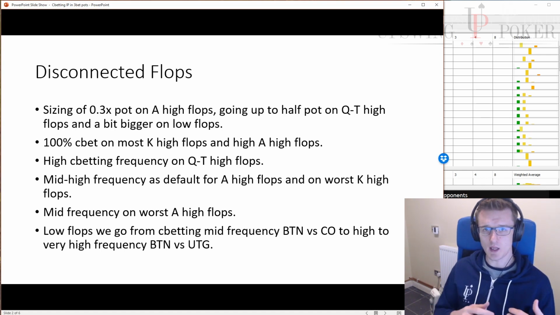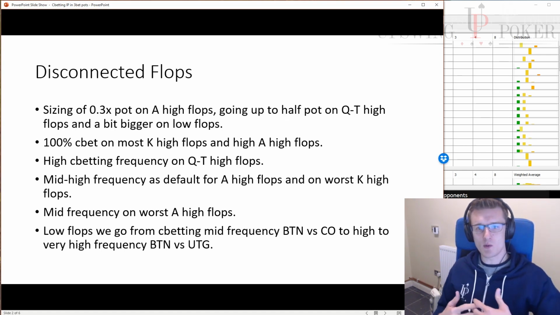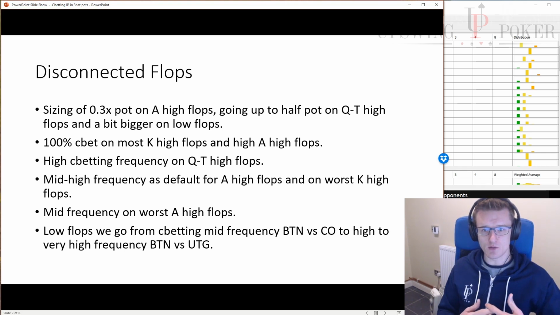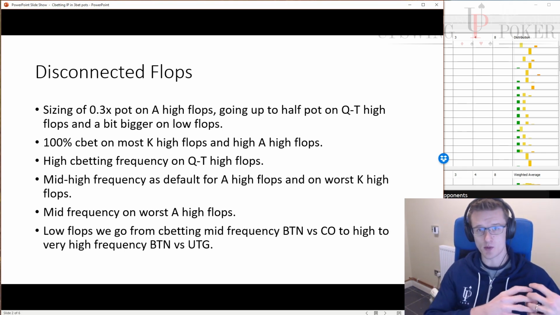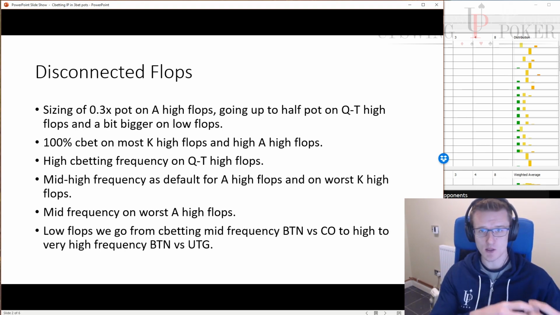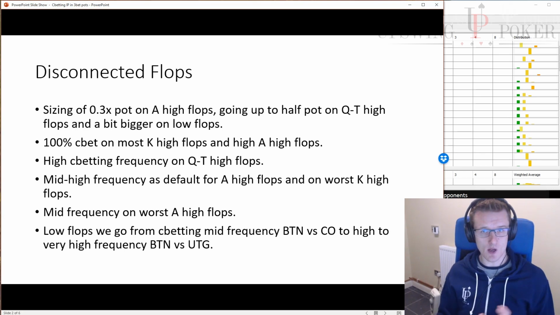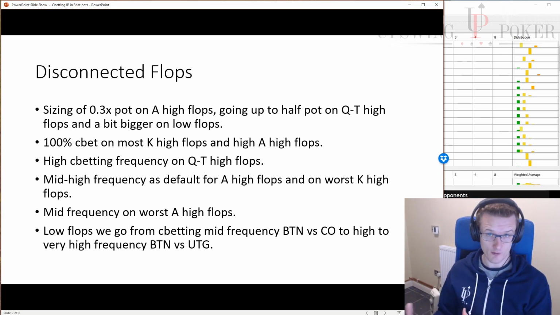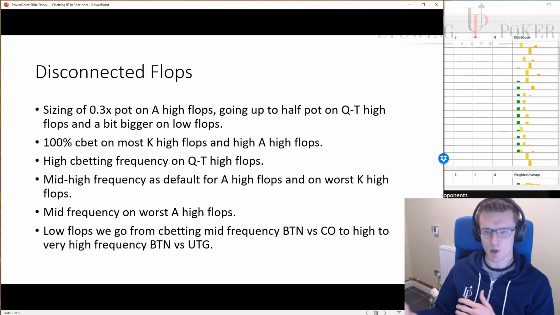And what the worst flops are for us depends on the positions of the two players. So, for example, if villain opened in the cutoff, they're going to have all the low pairs in their range, lots of low suited connectors in their range, more often than we do when we're 3-betting. We're also going to have plenty of middling cards in our range.